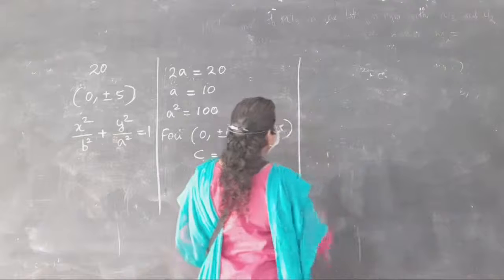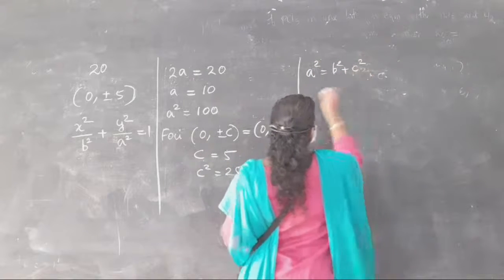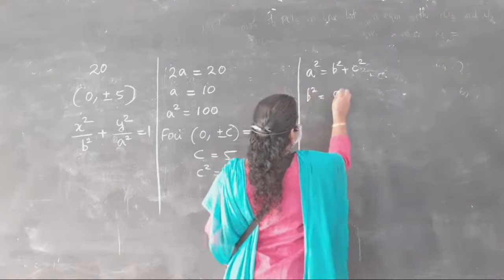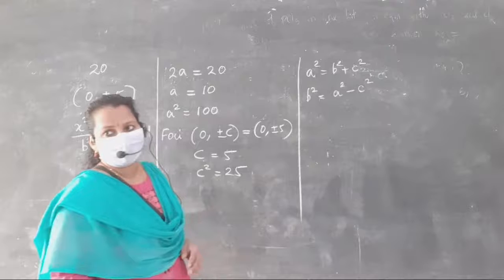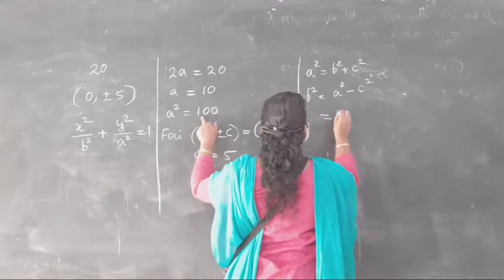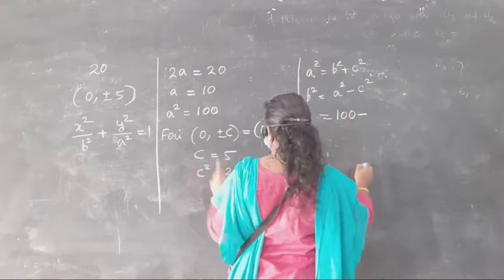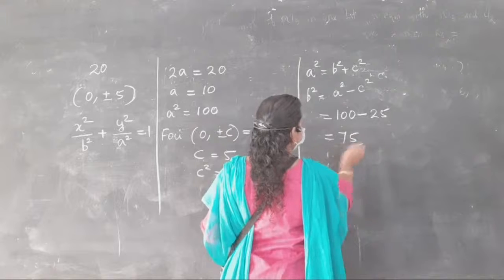The relation between a, b, c is a square equal to b square plus c square. From this, b square equal to a square minus c square, that's 100 minus 25. b square equal to 75.